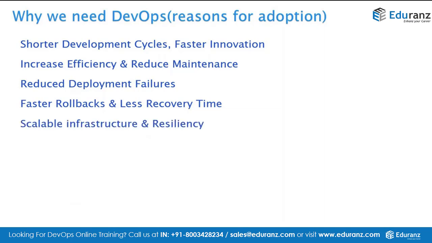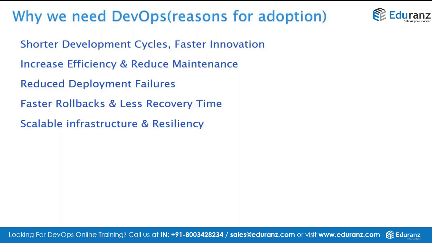I can quickly go back. Scalable infrastructure: I can scale my infrastructure easily because again it's only automation. If I want to add 5 more Linux servers, it will not take a lot of time because I'll use my existing automation to add new servers and perform automation on them also. It doesn't matter whether you install Java on 10 servers or 100 servers, it will take the same time.